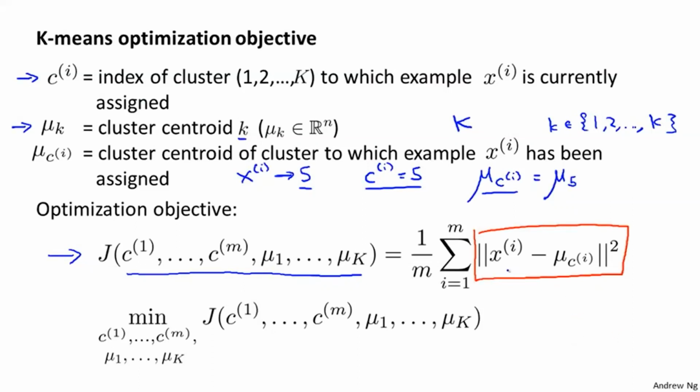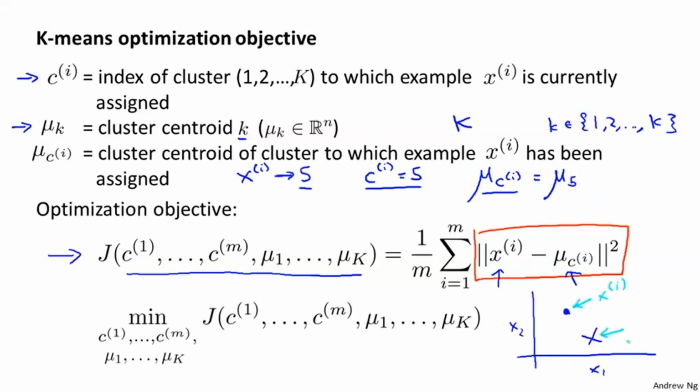So let me just explain this. So here's the location of training example xi, and here's the location of the cluster centroid to which example xi has been assigned. So to explain this in pictures, if here's x1, x2, and if a point here is my example xi, and if xi has been assigned to some cluster centroid, I'm going to denote my cluster centroid with a cross.